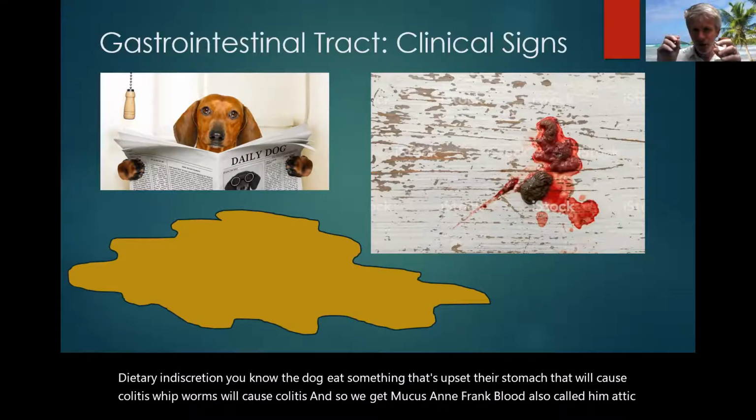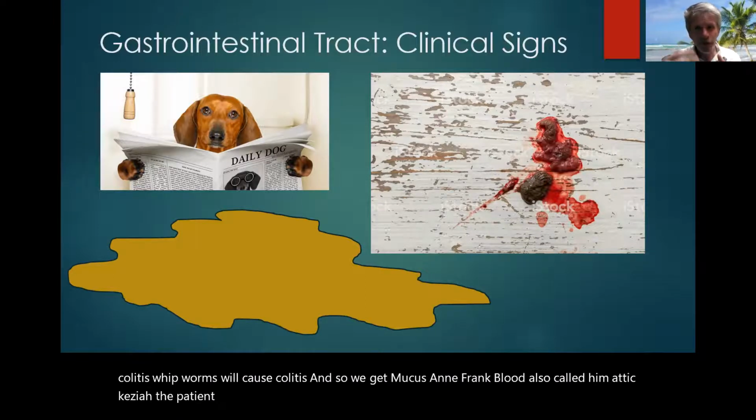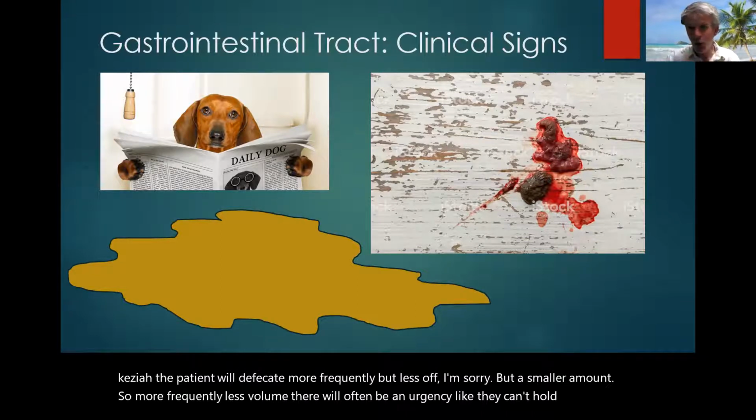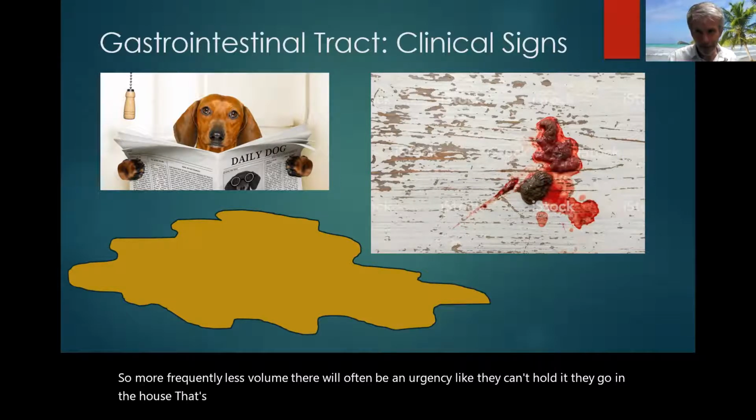The patient will defecate more frequently, but a smaller amount. So more frequently, less volume. There will often be an urgency, like they can't hold it. They go in the house. That's large bowel diarrhea, and that's usually less serious.